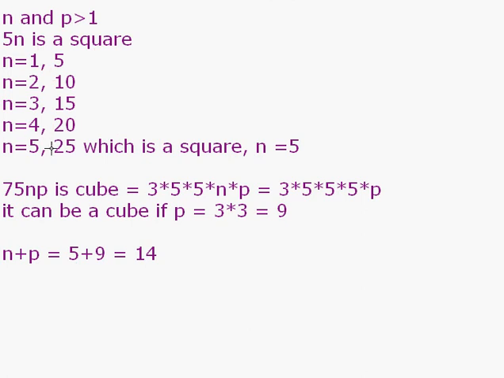When n was 5, we got 5n as 25, which is the square of a number. So n is equal to 5. Now 75np is a cube, that is given in the question. We'll just factorize it. If p is equal to 3 times 3, only then it can be a cube of 15, that is 3 times 5. So n plus p will be 14.